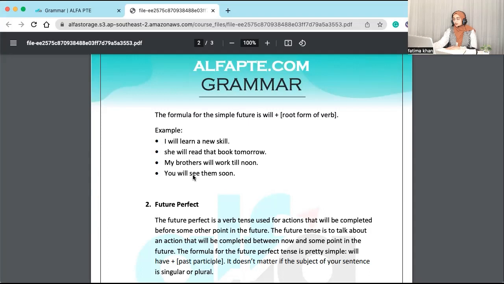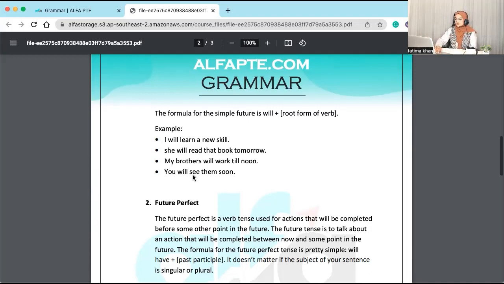Okay. For example, somebody eats breakfast really early in the morning, and you want to say, by the time you get up, they will have already eaten their breakfast. Okay. So to show something in the future, and to tell that this will be completed before the specified time.